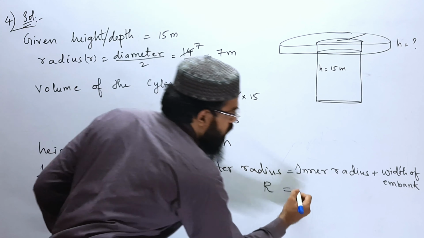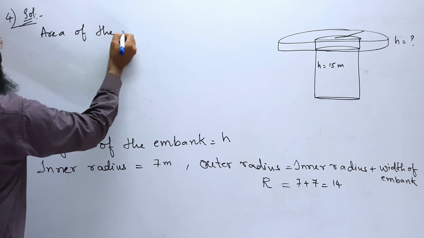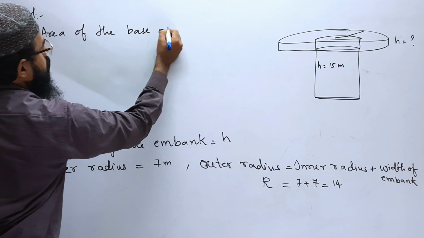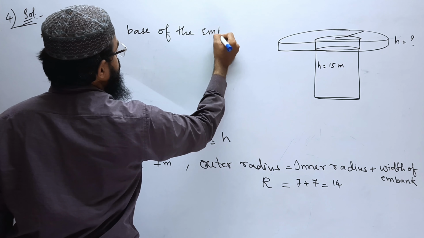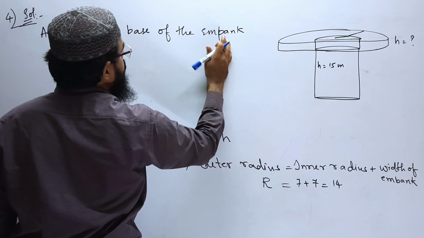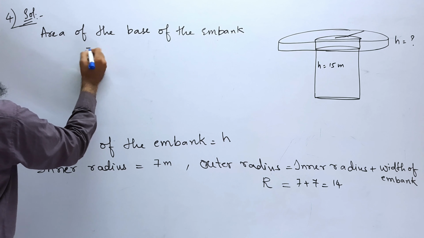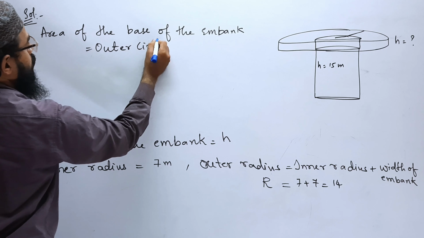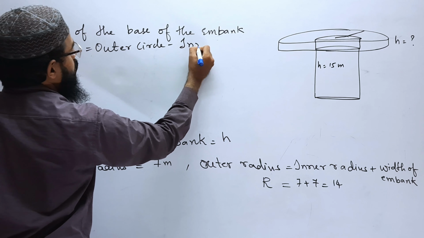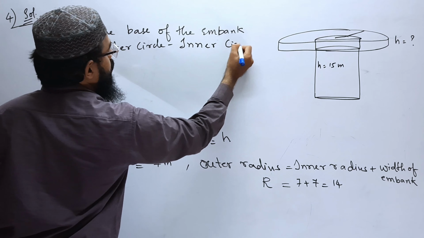capital R is equal to 7 plus 7. 7 plus 7 is 14, 14 meters. Area of the base of the embankment is equal to outer circle minus inner circle.